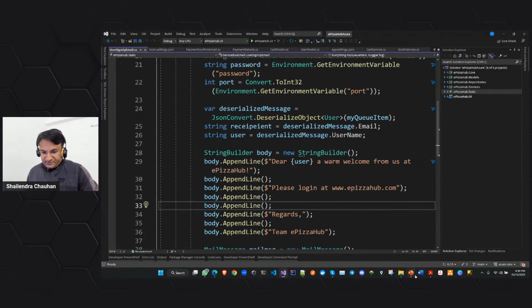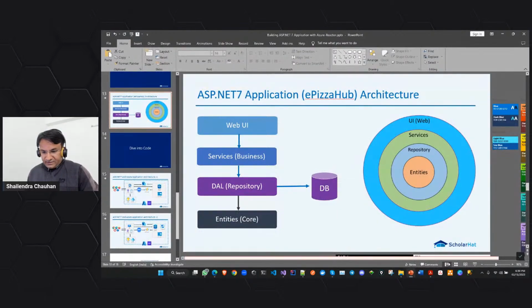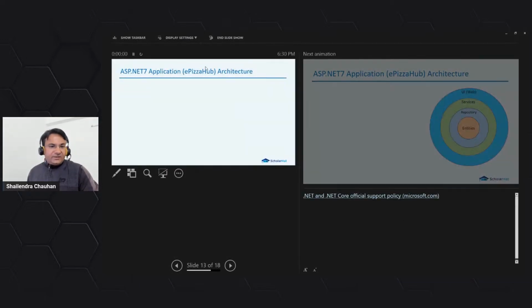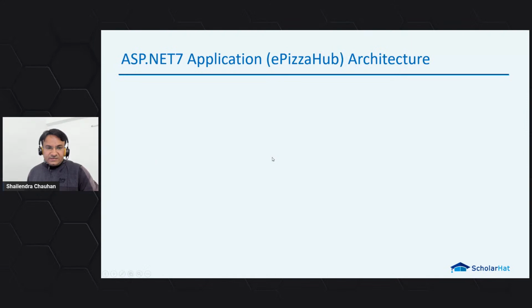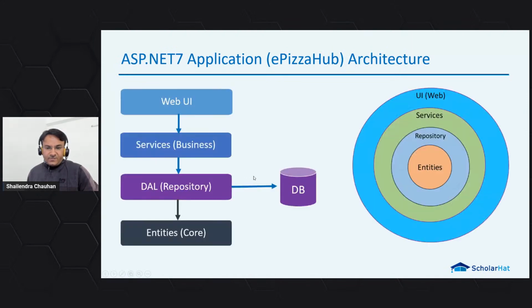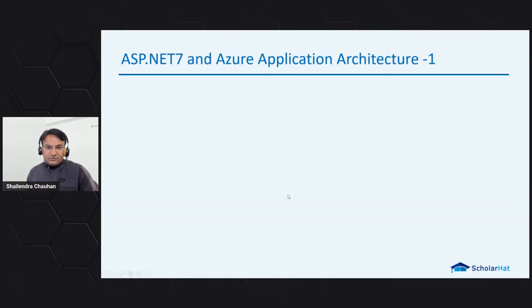For that purpose, I have a diagram of the architecture so that you have a clear understanding. So far we have discussed the ASP.NET Core architecture and looked into the code. Now it is time to integrate our Microsoft Azure services here.